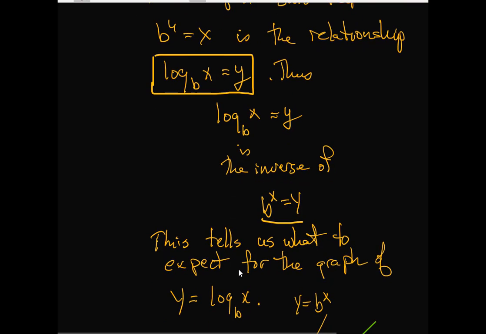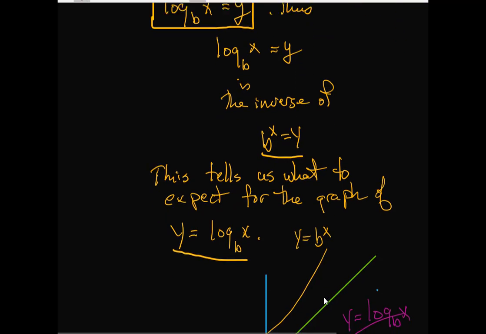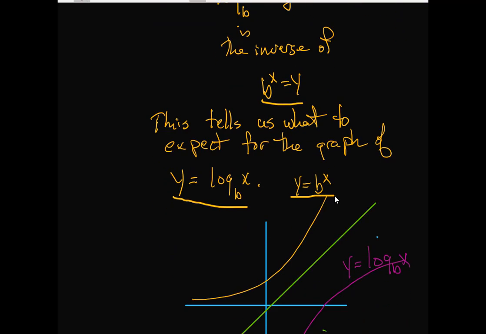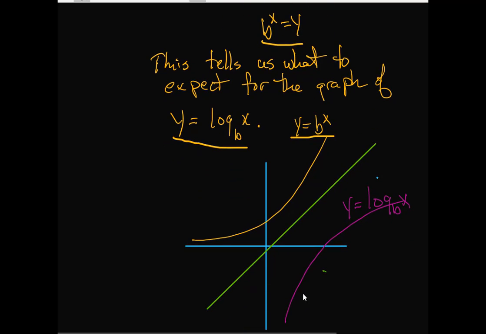This tells us what to expect for the graph of this. It's going to be the inverse of the graph of this. We know the graph of this looks like that, and if we draw this line, then we know the graph of y equals log base b of x is going to look something like this. It's going to be the reflection of this through here. Now, I think we've said that exponential functions grow very, very quickly, so this, conversely, is going to grow extremely slowly.